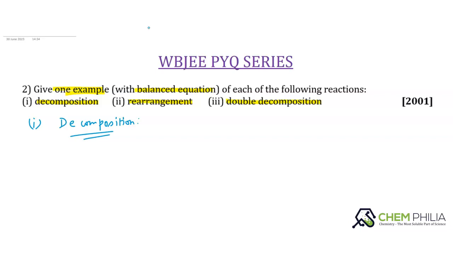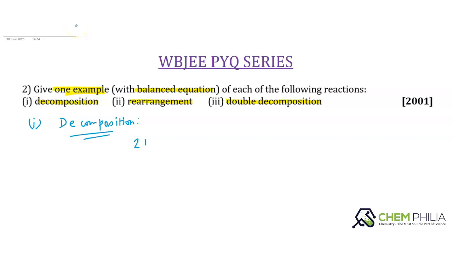But since in this question only an example is asked, we will not give any definition. We'll just stick to giving the example. So decomposition means where a compound decomposes or breaks down into simpler products.